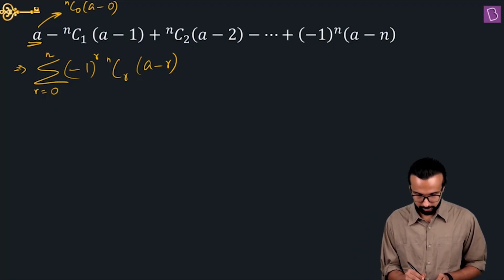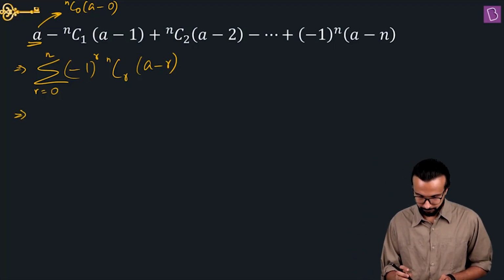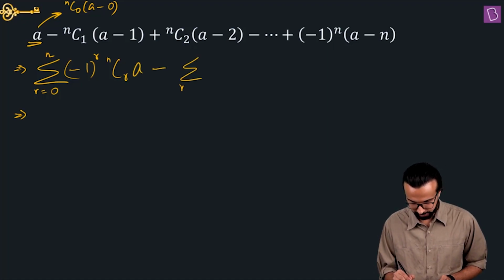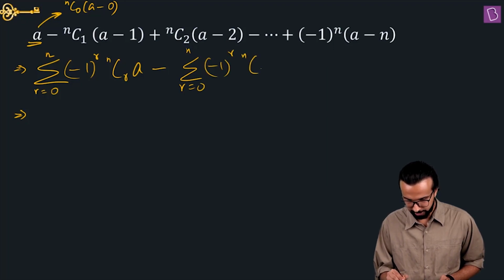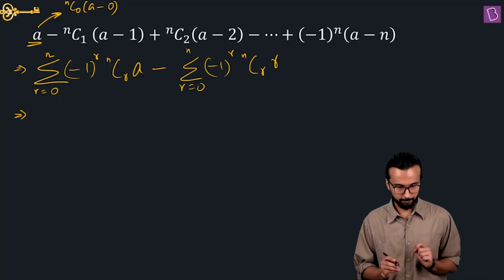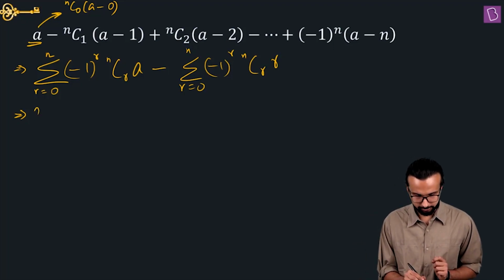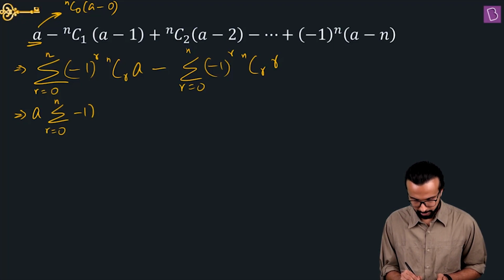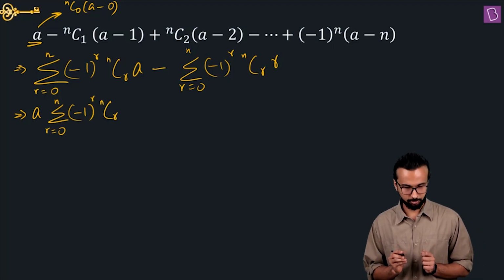So this can be written as a times sigma r equal to 0 to n, (-1)^r nCr, minus sigma r equal to 0 to n, (-1)^r nCr into r. Now here a is a constant, so I'll put it outside. What is remaining here is sigma r equal to 0 to n, (-1)^r nCr.